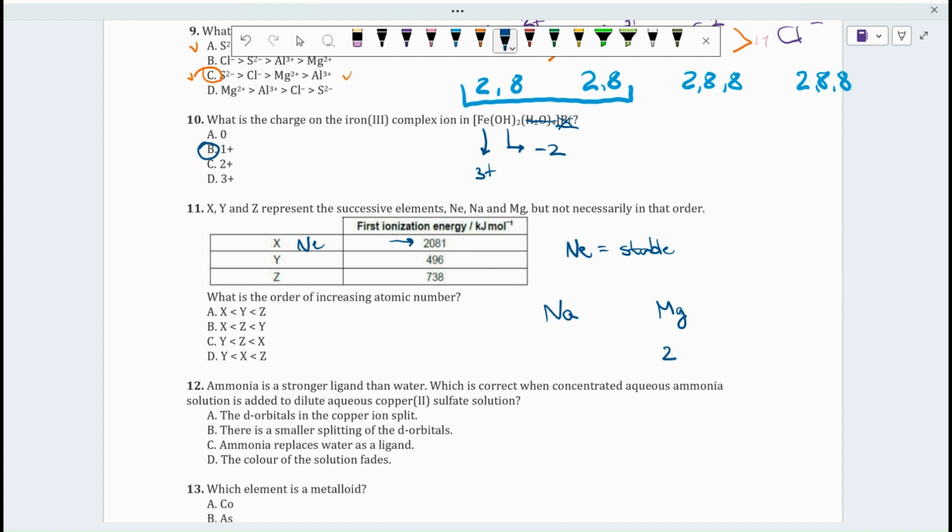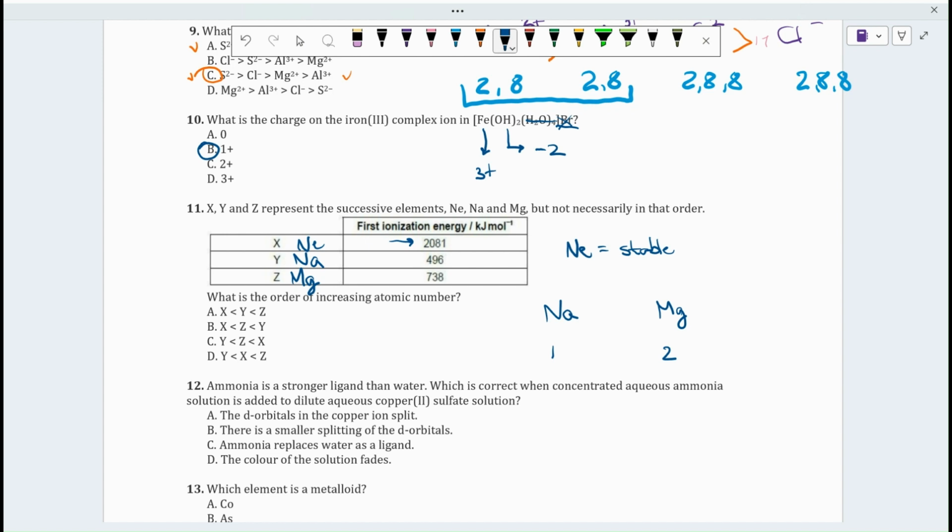Magnesium has 2 electrons, sodium has 1. That means magnesium is a bit more stable than sodium. So magnesium will require the second highest energy to remove one of its electrons. So that will make Z magnesium, which leaves Y as sodium.